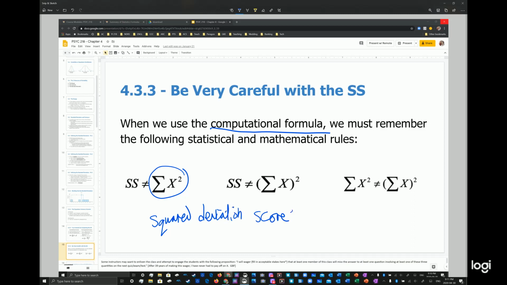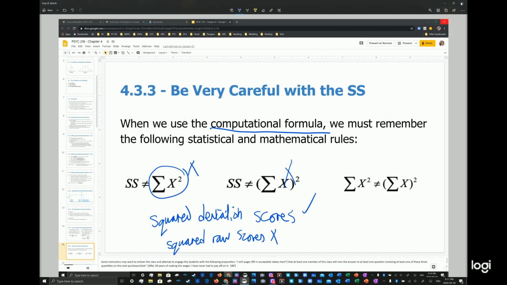So squared deviation scores, yes, but not squared raw scores. No. It is also not adding up all the scores and squaring them. No. And one more thing, the two mistakes there, and actually those are part of your computational formula anyway.